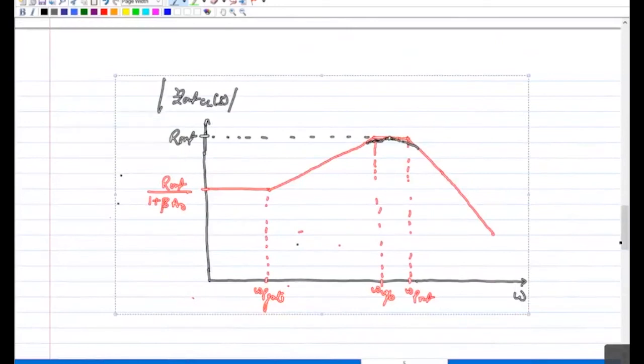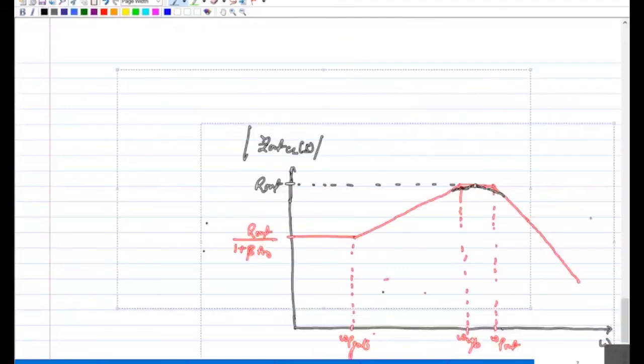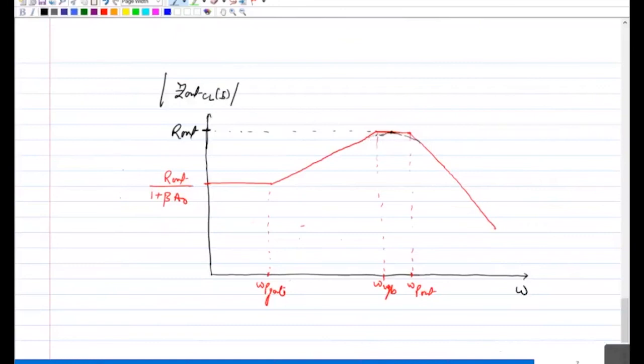Copy, paste. We'll change the color. So it will start from here.